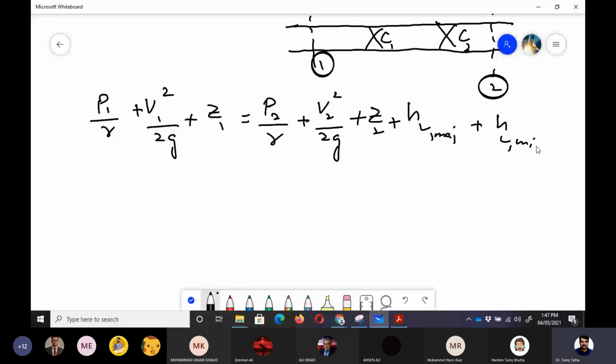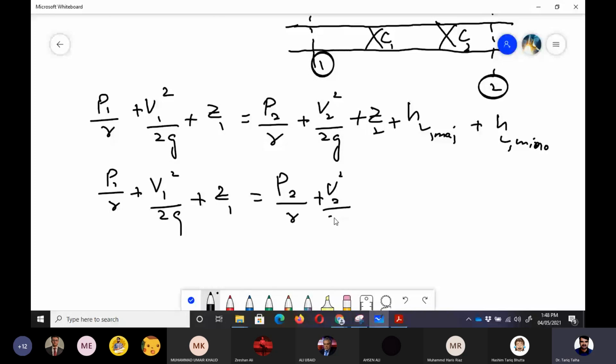Okay, so if I write it again, just to elaborate what the values are for HL major and HL minor: all these six terms would be as they are, and then HL major would be equal to f L upon D V square upon 2g, plus, here I would have the sum over components from 1 to n of KL V square upon 2g.